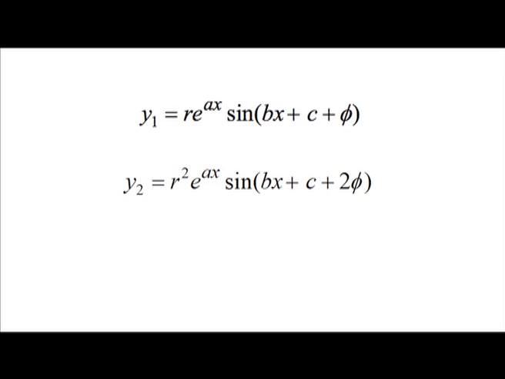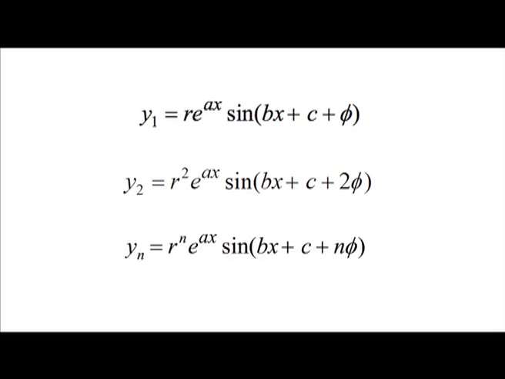That is, y1 arises on multiplying y by the constant r and increasing the angle bx plus c by the constant phi. Similarly, y2 arises on multiplying y1 by the constant r and increasing bx plus c plus phi by the constant phi. Hence, y2 equal to r square into e power ax into sin of bx plus c plus 2 phi.